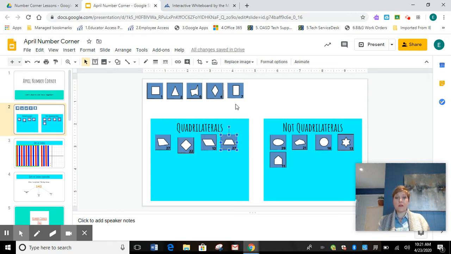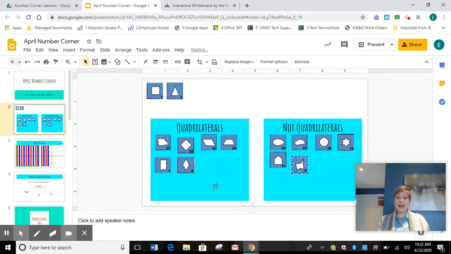What about a rectangle? Yes, a rectangle is a quadrilateral. What about a rhombus? Yes, a rhombus is a type of quadrilateral. What about this shape here? You're right. This is a type of hexagon. It is not a quadrilateral.